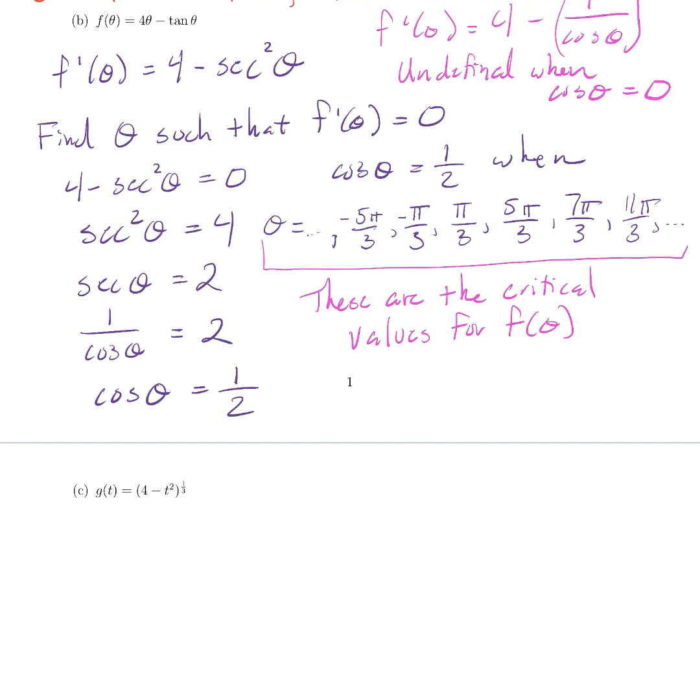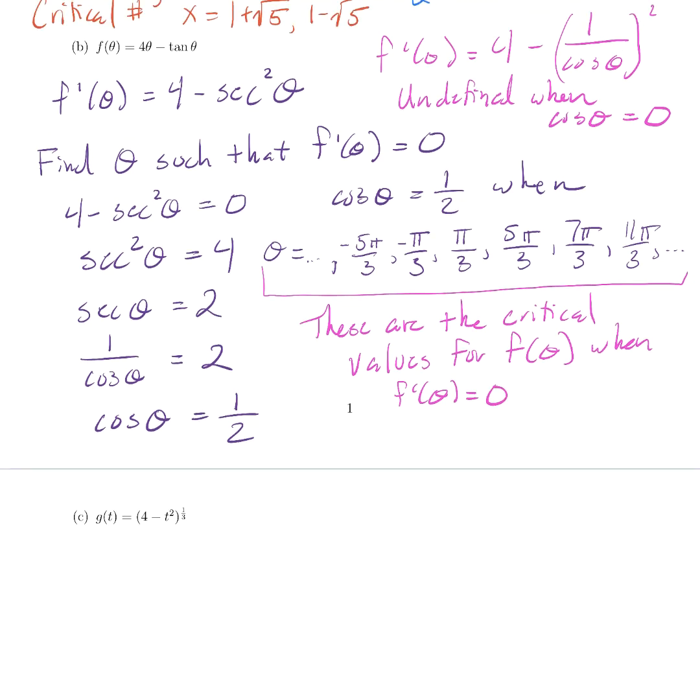Okay, so we have to be careful with these trig situations. So these are the critical values for f of theta when f prime is equal to 0. But f prime is undefined, so we get other critical values when cosine is equal to 0.